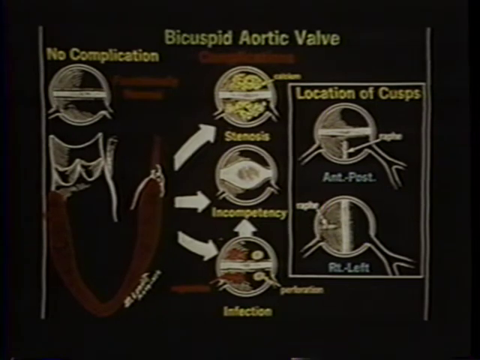Despite the fact that the bicuspid valve is relatively common, there's relatively little natural history information on this valve. Probably one of us in this room has a bicuspid valve. How many persons born with a bicuspid valve go through a lifetime and have no dysfunction is unclear.